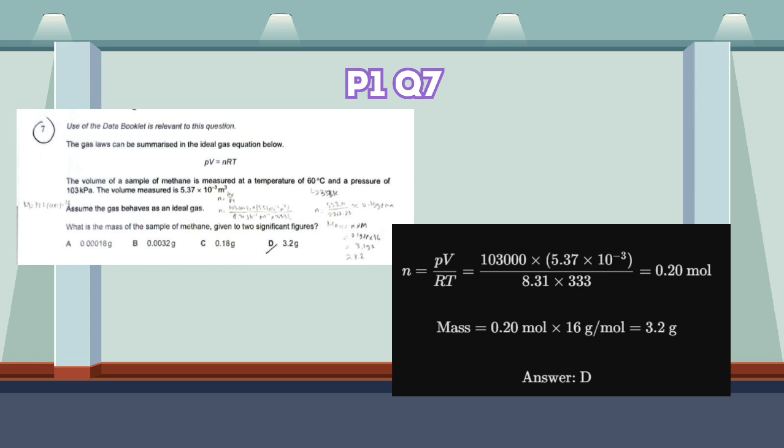To find the mass, we multiply these moles by the molar mass of 16 grams per mole, which gives us 3.2 grams. So the correct option is D.